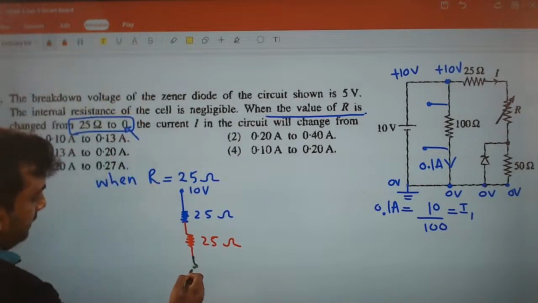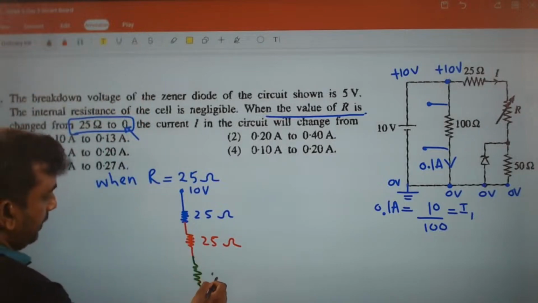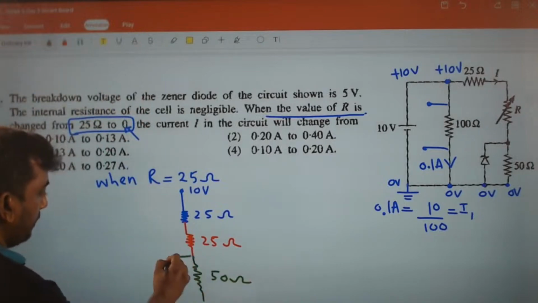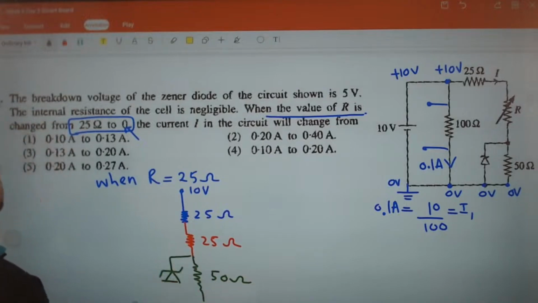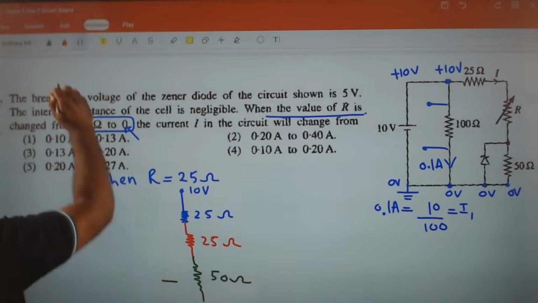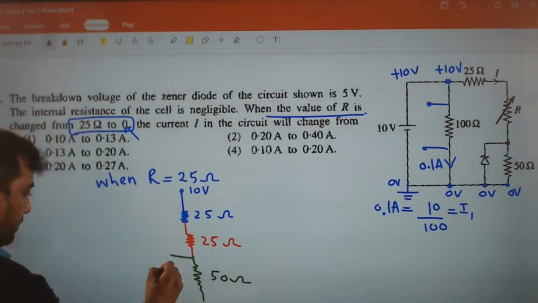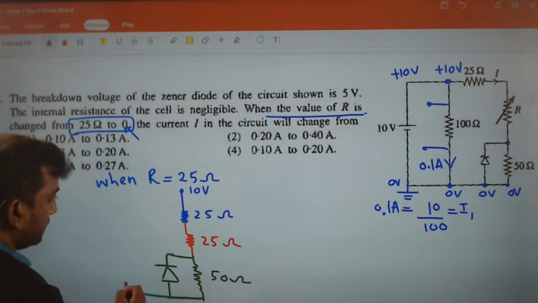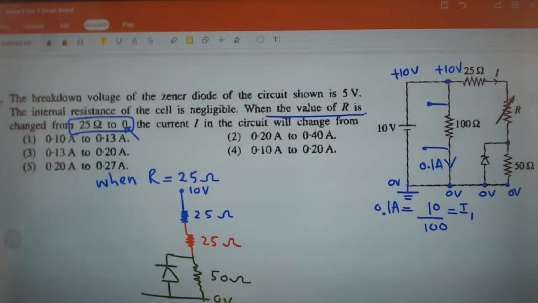Here resistance is 50 ohm. Diode is there. Without putting a Zener, we'll just draw the diode. Reverse bias. Here 10 volt, here 0 volt, right?